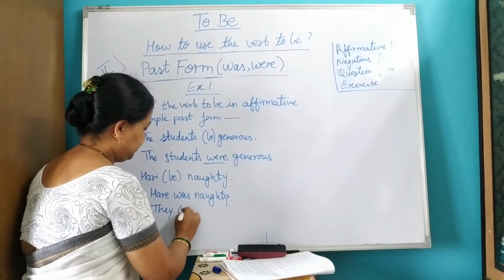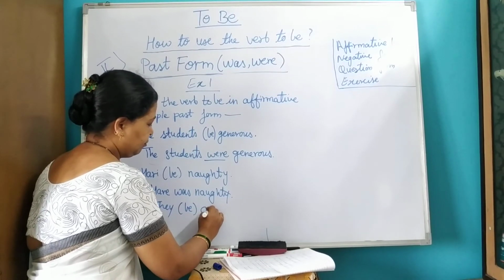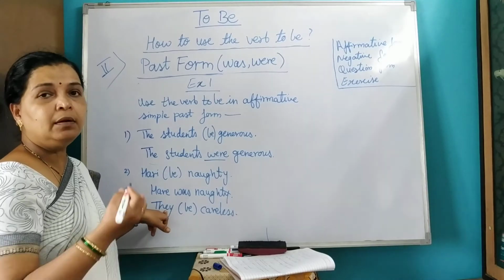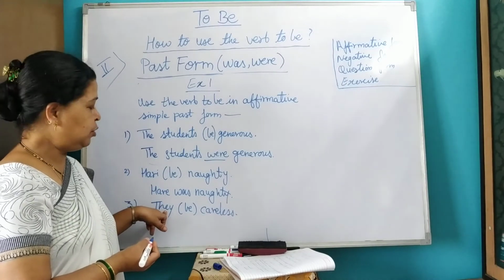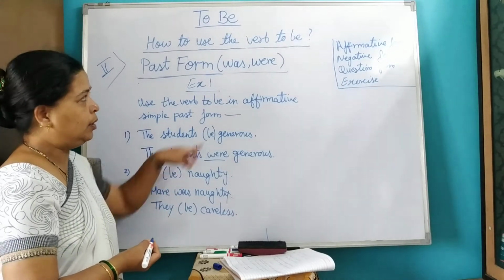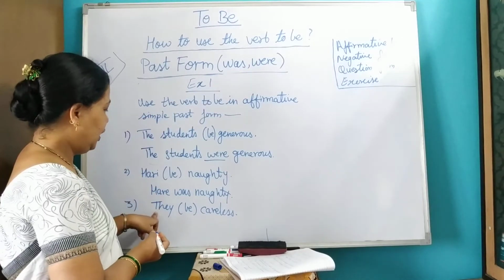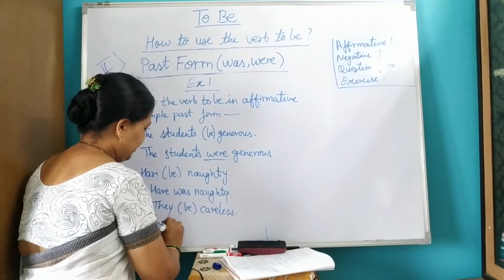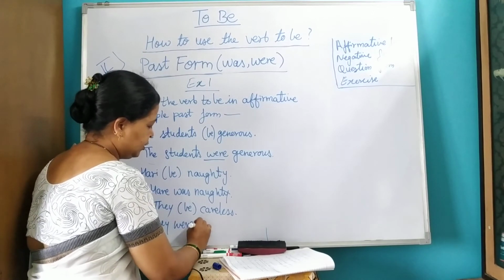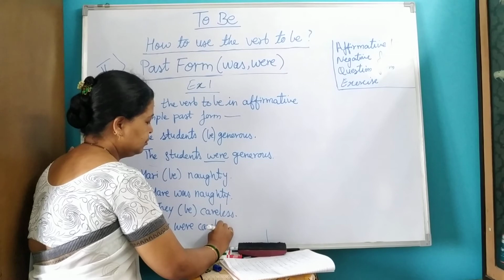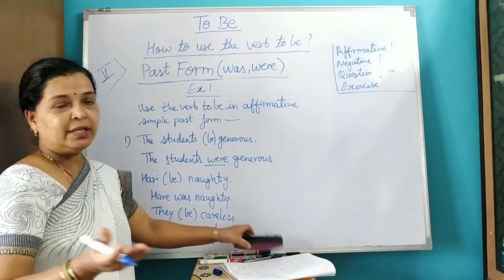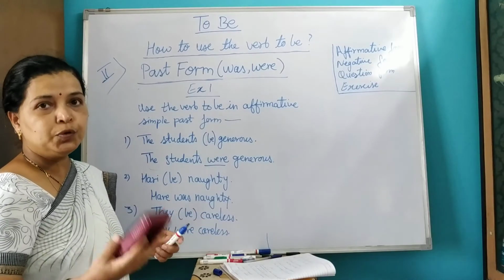They be careless. So they is third person plural. So we use the plural verb were. So they were careless. So we write like this. They were careless. Got it?